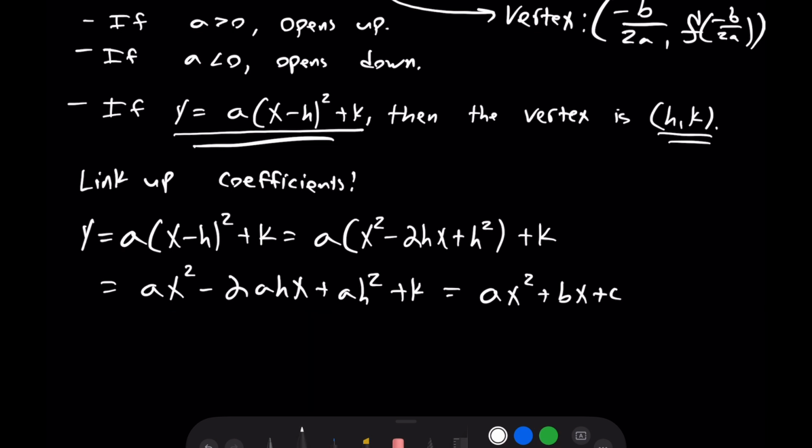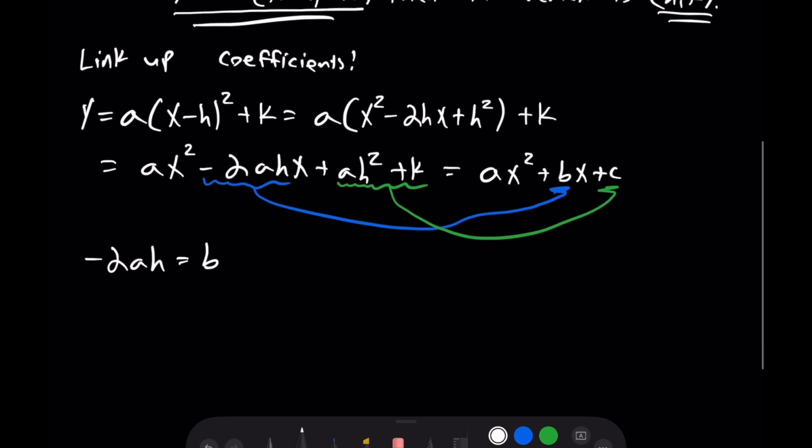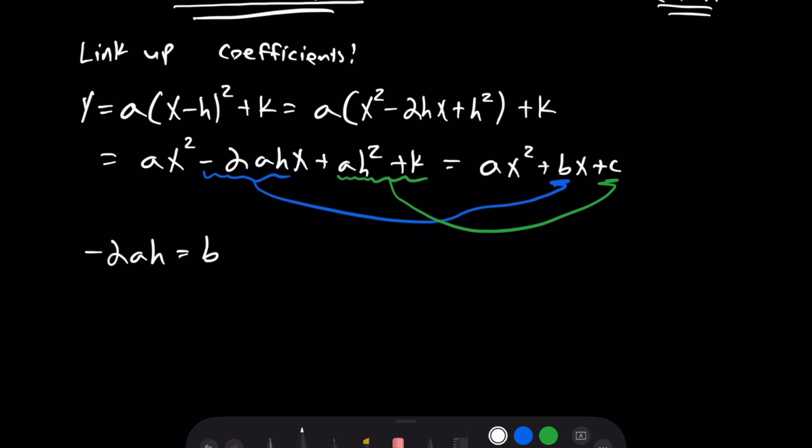And the only thing we have to do here is link up the coefficients. So look at minus 2ah, and that links up with b. Look at this ah squared plus k, that links up with c. So we can just solve for h. So minus 2ah is equal to our b, and we'll solve for our h.